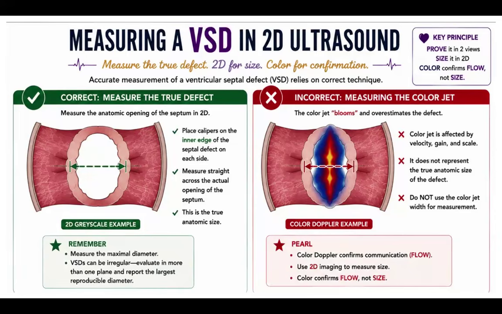Okay, measure at the maximal diameter as well. Now, the color Doppler is what's going to help confirm and let the doctor know that yes, there is a VSD. See, here's the shunting of the blood moving across the septum, and so that's what I use the color flow for, to show that, not to measure the actual defect.